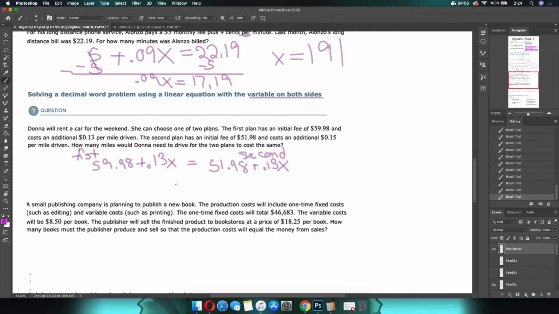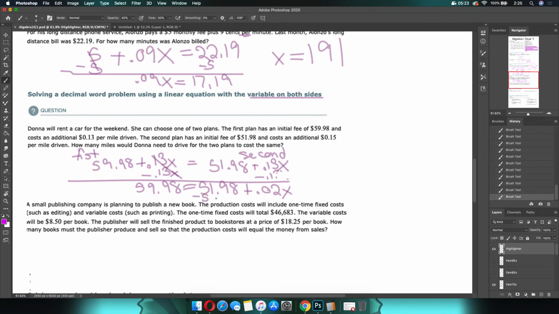So which x do you want to move? The 13x or the 15x. Let's move the 13 because, again, Ms. Dubois doesn't like negatives if she can avoid it. So we're left with 59.98 equals 51.98 plus 15 minus 13 is 0.02x. All right, so far so good. And now I did not give myself enough room.